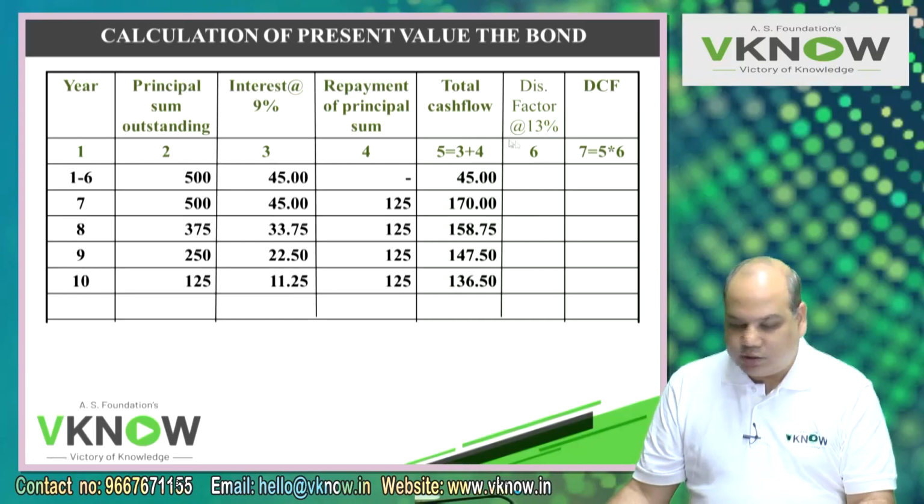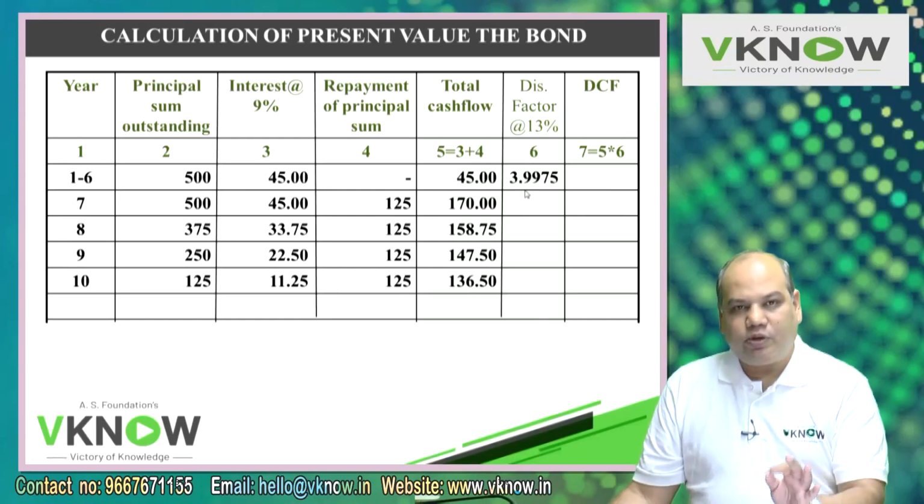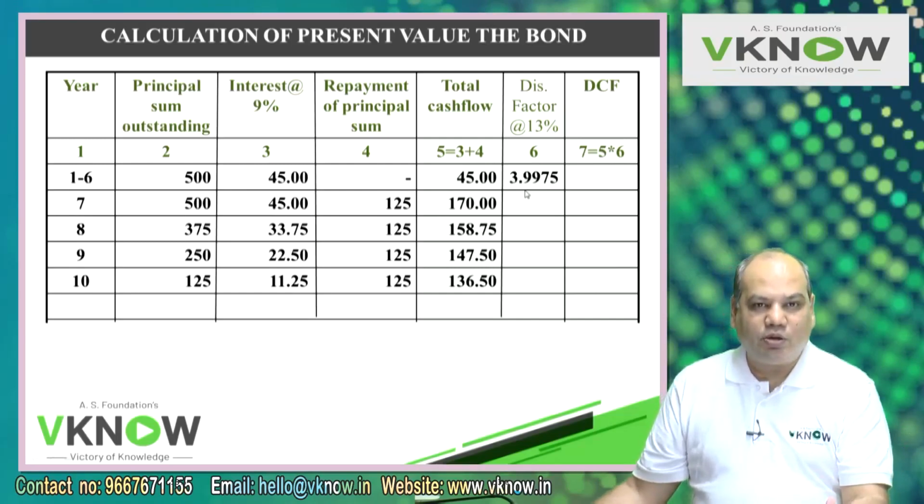Now calculate the annuity factor for years 1-6 at 13%. Start with 1 divided by 1.13 equal to, and those who have the GT function, press equal to 6 times and then press GT. You will get 3.9975. Those who don't have the GT function on their calculators will use memory plus: 1 divided by 1.13 equal to, M plus, 6 times, and then memory recall.